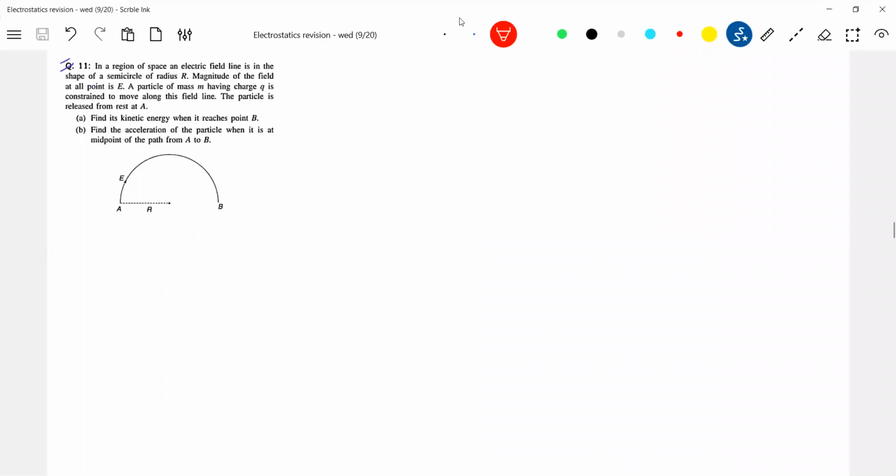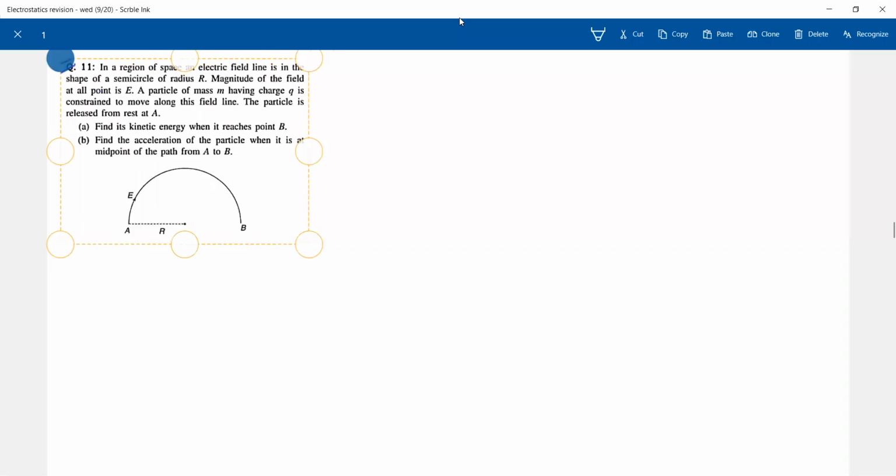That's what I feel. Revision of electrostatics will be much easier. Find its kinetic energy when it reaches point B. It is constrained to move along this field line. Don't bother how it will move. That is not our point. We have to just solve and get the answer.